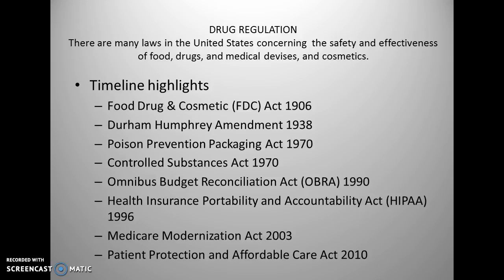Other acts that need to be looked at include the 1914 Harrison Act, and this was in response to the addiction to opiates and cocaine-containing medicine. So this act established that manufacturers, pharmacists, importers, and physicians prescribing narcotics should be licensed, and a tax was placed upon them.